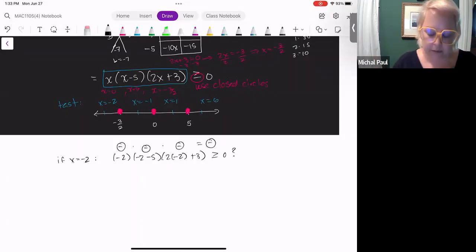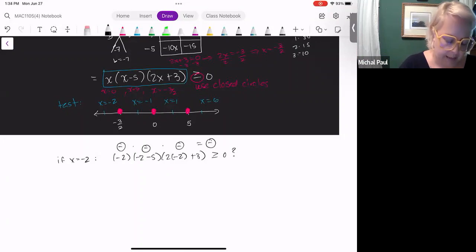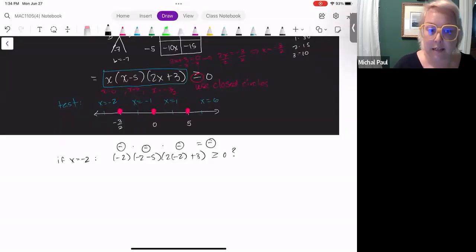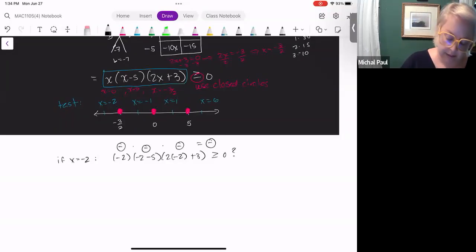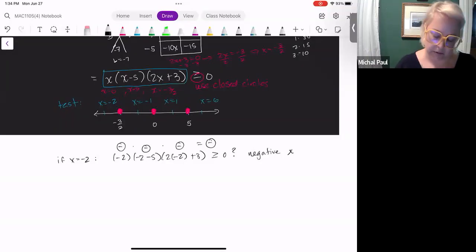So I don't really care what this number is, but it's definitely going to be a negative number. If I wanted to see exactly what it was, negative 2 times negative 7 times negative 1 is negative 14. But either way, this is a negative number, so it's not included in my answer.